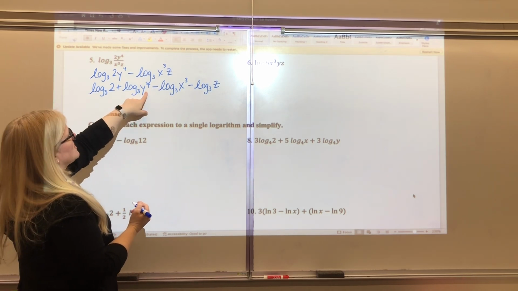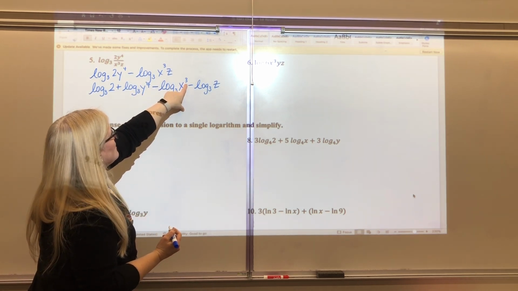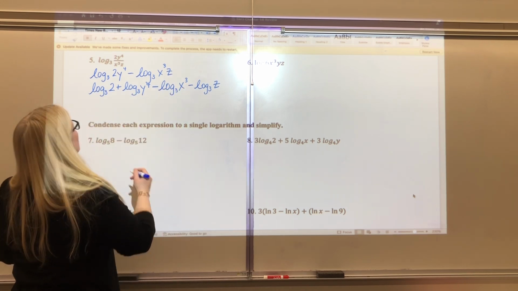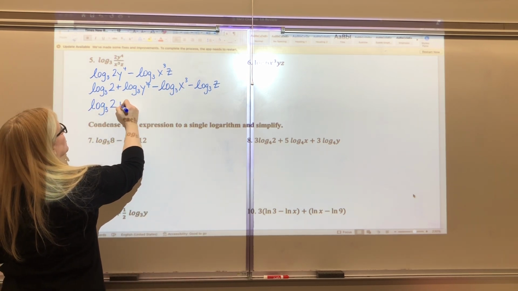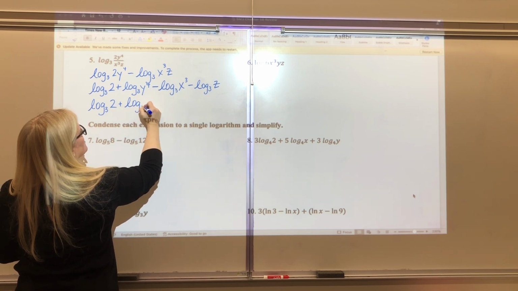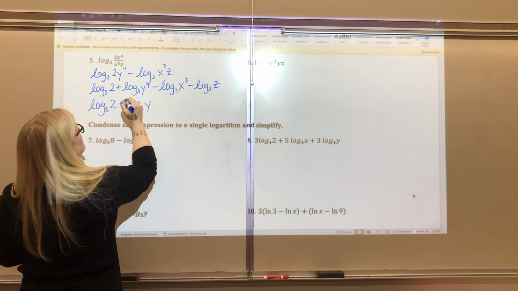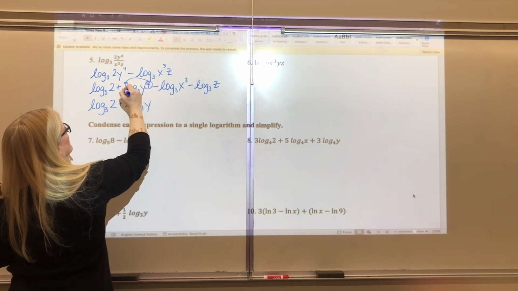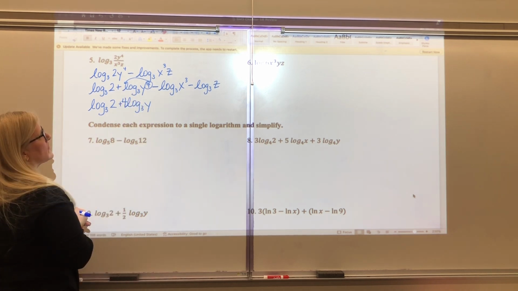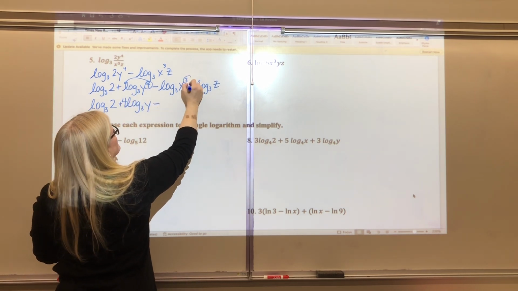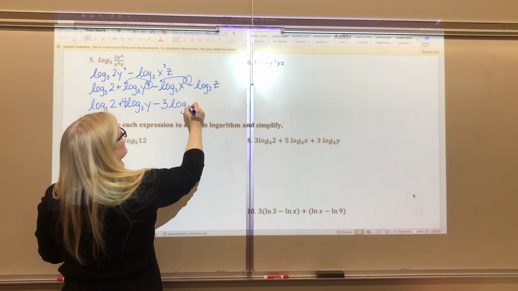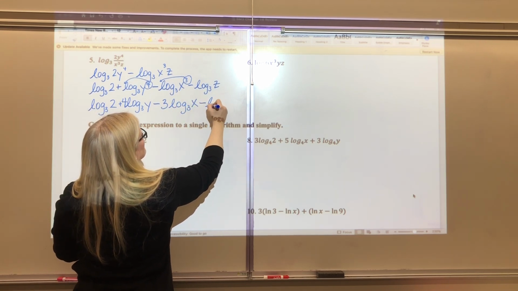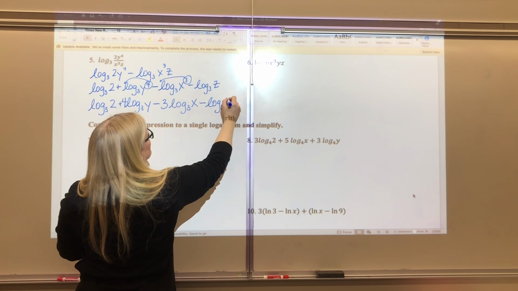Okay, so now I just need to take my exponents and put them in the front. Log base 3 of 2 plus, excuse me, I forgot to put the 4 out front. 4 log base 3 of y minus 3 log base 3 of x minus log base 3 of z.